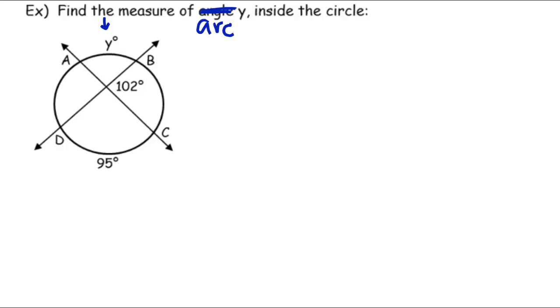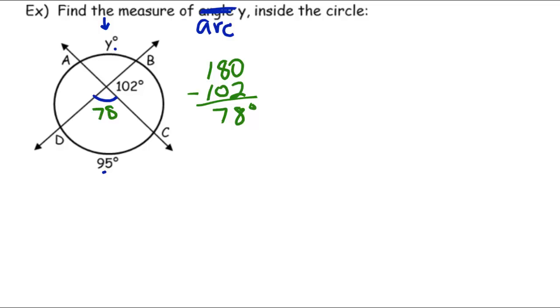Now remember that the angle for this arc and this arc, to add these two arcs and divide by 2, is going to give me this angle right here. Now, can I find that angle measure? Sure. We can take the 102 and subtract it from the 180. That gives me 78 degrees.